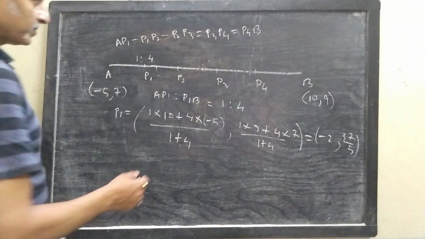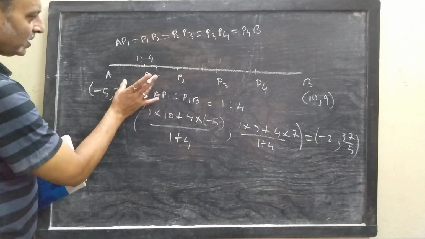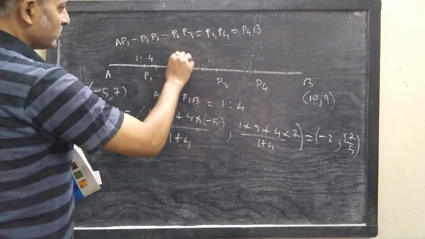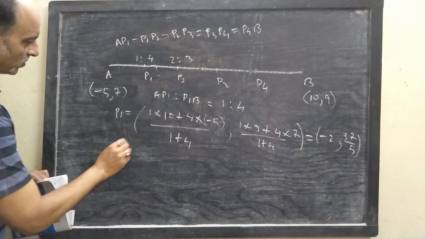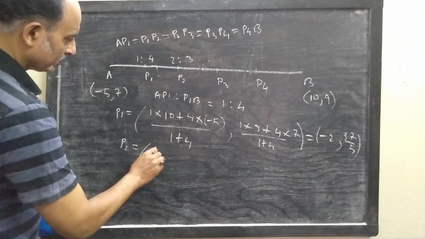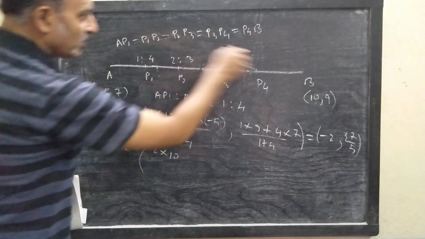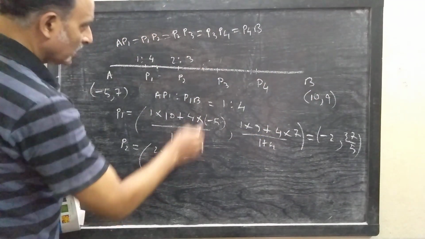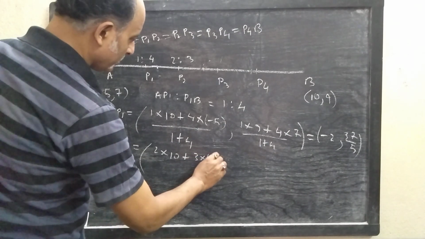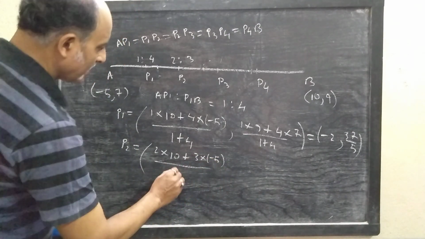Next, P2. In case of P2, the ratio will be: here 2 parts, here 1, 2, 3 parts. So the ratio will be 2:3. So the coordinates of P2 will be m into x2, 2 into 10, plus n into x1, 3 into -5, by m plus n.